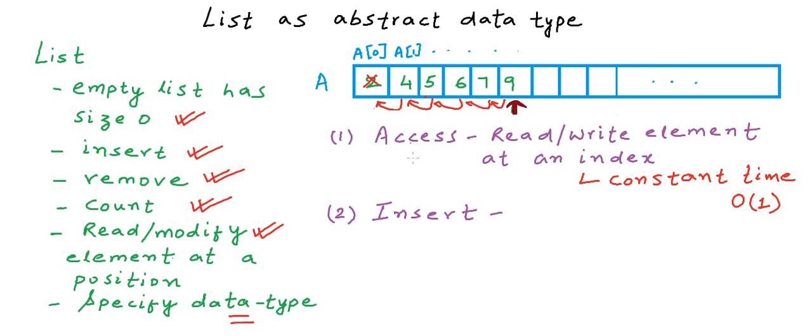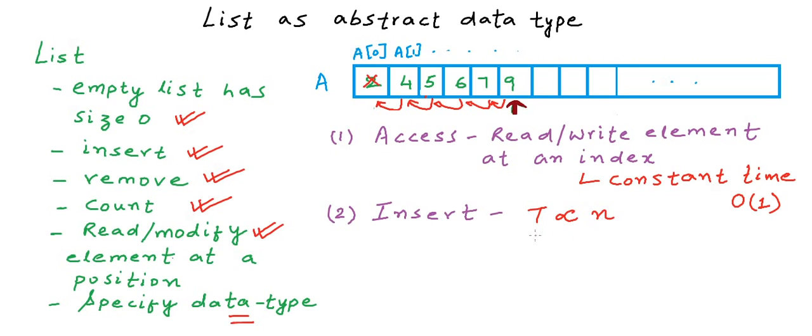But if we insert an element at a particular position in the list, then we will have to shift elements towards higher indices. In the worst case, we will have to shift all the elements to the right when we are inserting at the first position. So the time taken for insertion will be proportional to the length of the list. Let's say the length of the list is n.